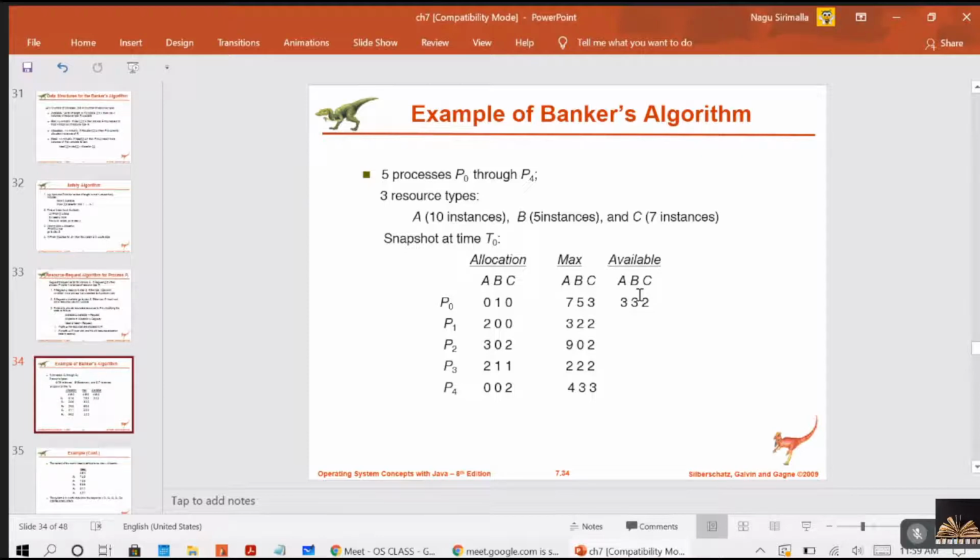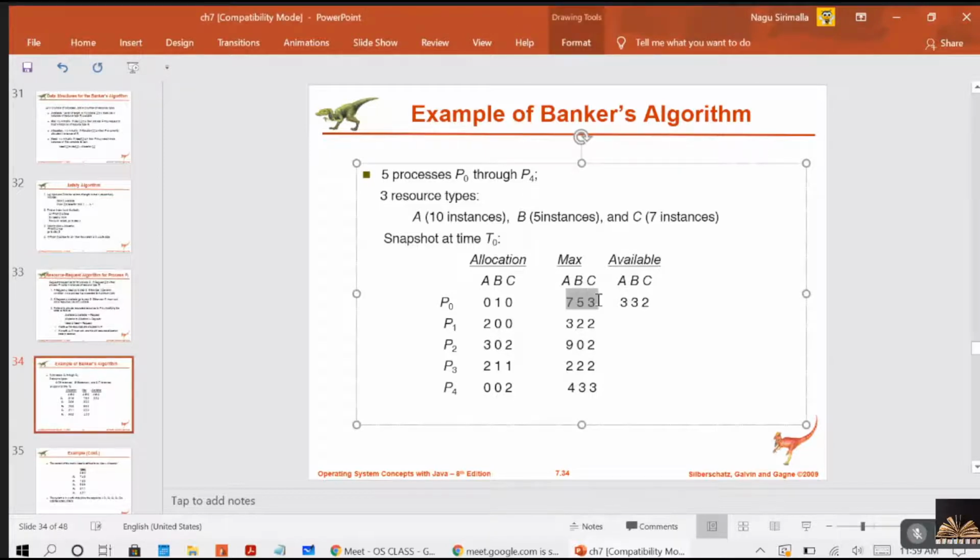Initially it was given like this. These are the things which are already allocated. Initially we have the max of 753 and the available are 332. These are the available resources for now.